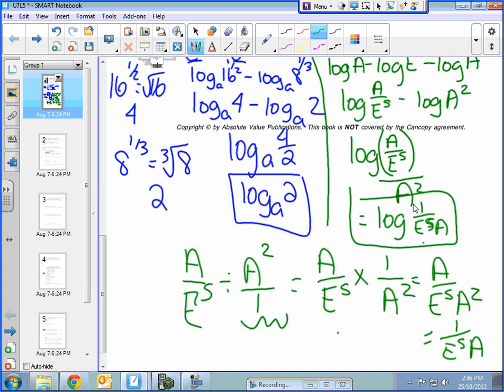Okay, yeah, this was a big question, sorry. But if you know how to do this, you've got the quotient law down and the power law. Okay, is everyone okay? Do you want me to explain any steps that I did just now?